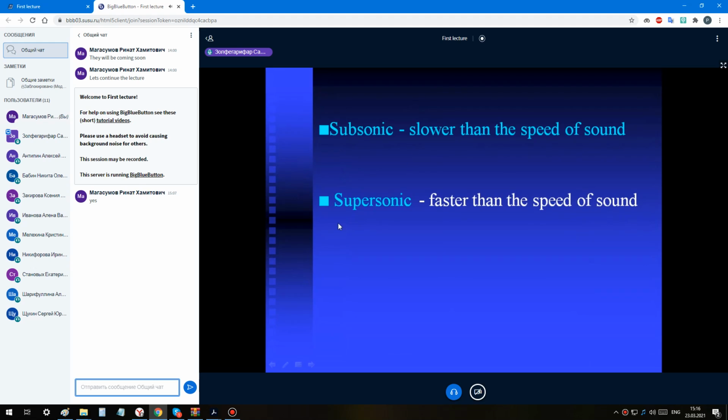In the supersonic, the velocity is faster than the speed of sound. Subsonic is slower than the speed of sound, and supersonic is faster than the speed of sound.